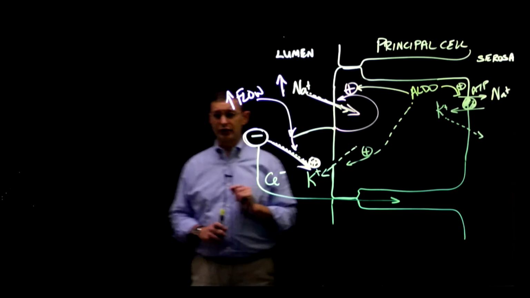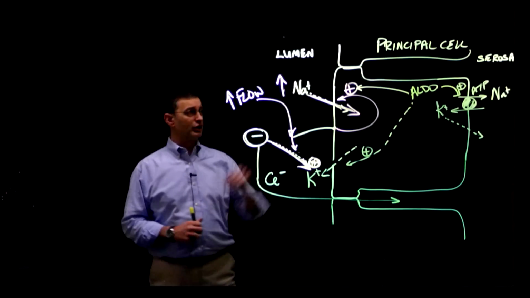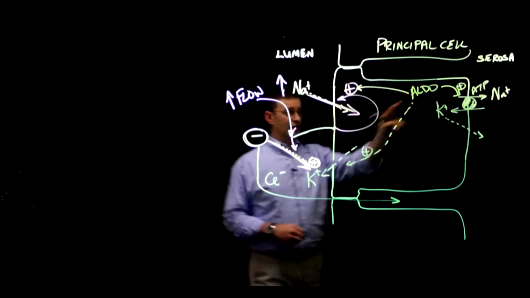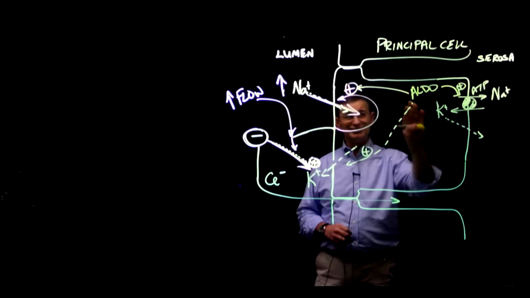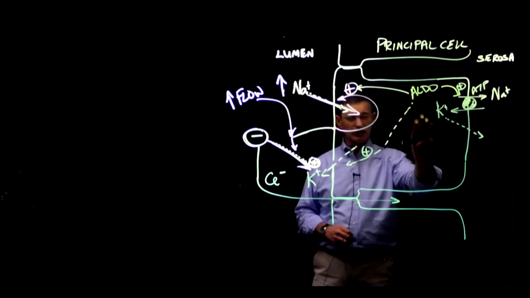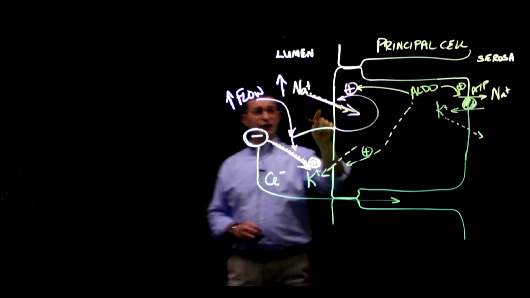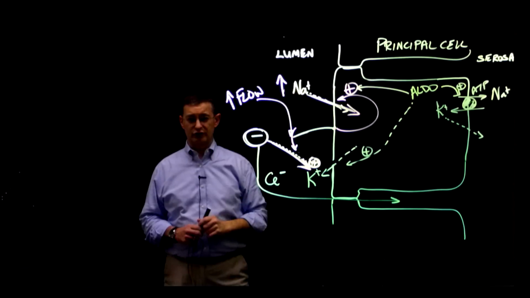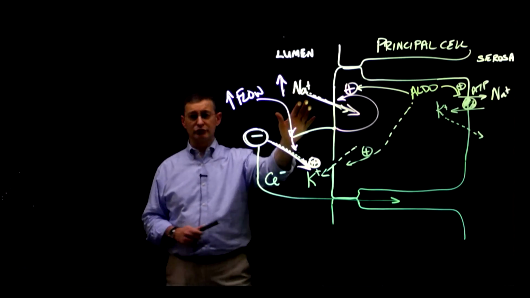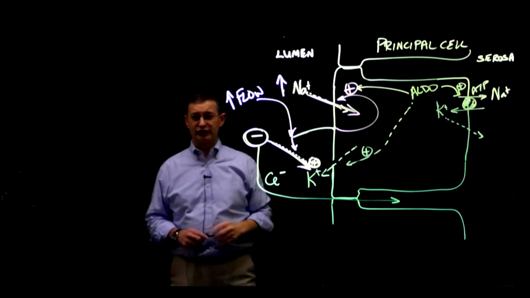And those diuretics will impact on either the aldosterone receptor, so they'll block the aldosterone receptor on the inside of the cell, or they'll have an impact on blocking the sodium channel on the luminal side of the cell. So they'll work by both mechanisms to impact on sodium reabsorption and therefore potassium secretion.